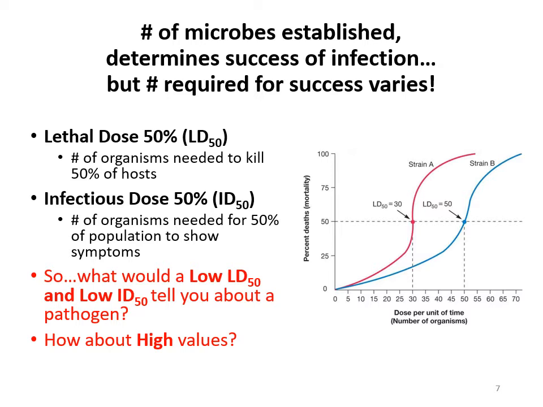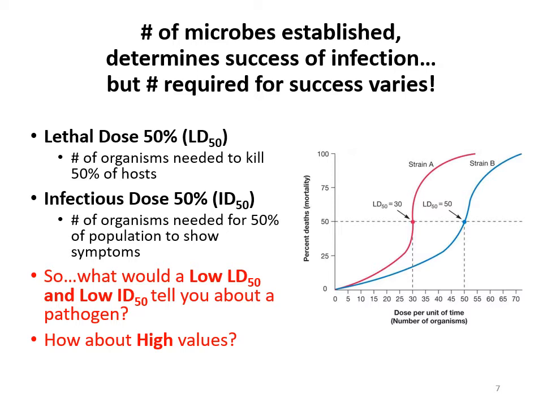What these are: lethal dose 50% and infectious dose 50%, okay? So we'll first give the straight, textbook kind of definitions, but then I'll kind of give you a little insight into how to really work with these values.